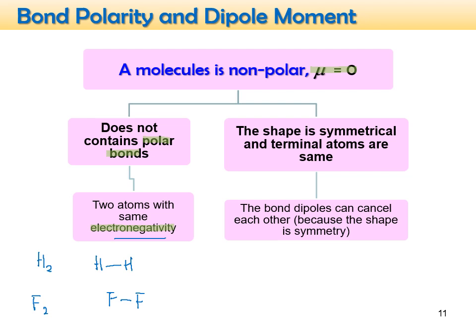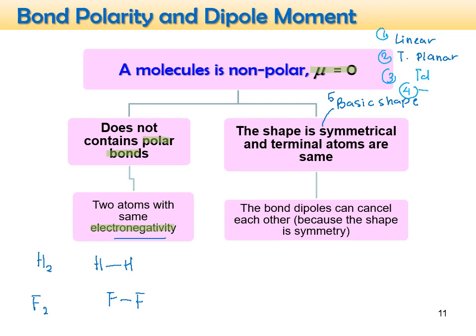So, shape yang symmetry normally it involve the 5 basic shape. So, apa 5 basic shape ni? Linear, trigonal planar, tetrahedral, lagi 1, 2, 3, 4.